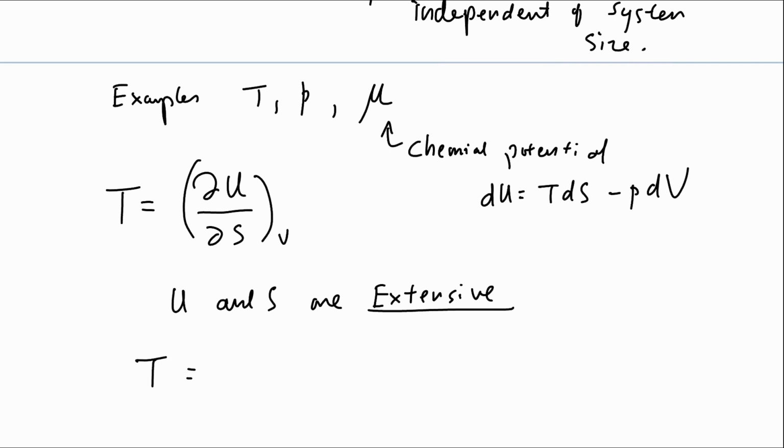T is a derivative of one with respect to the other, but if you go back to the definition of a derivative, df/dx is delta f divided by delta x, and you take some limit where delta x gets small, it's really a ratio. So T is a ratio of U and S, and so the extensive part cancels out.